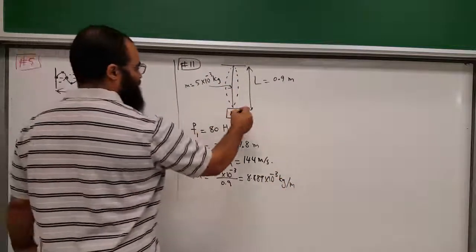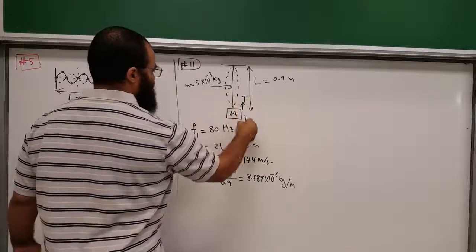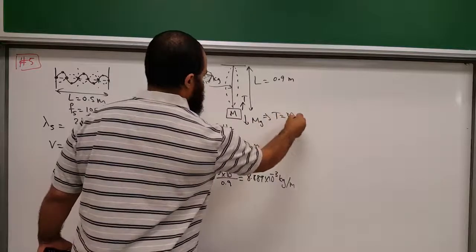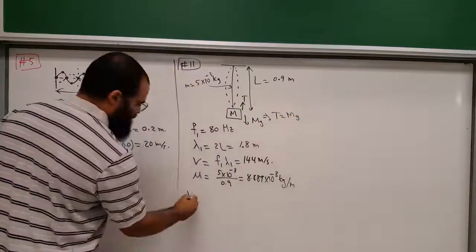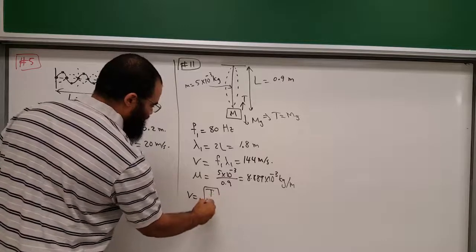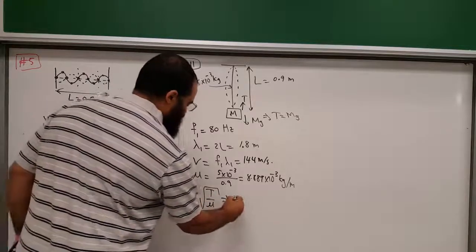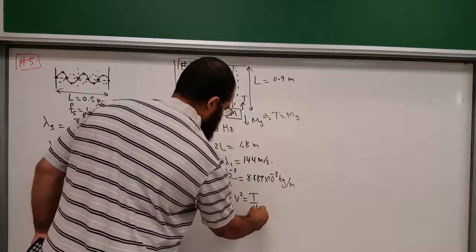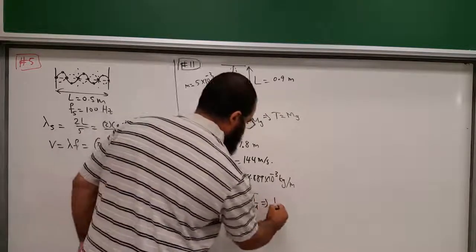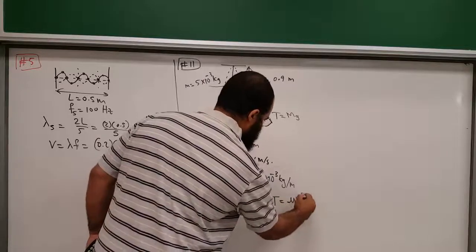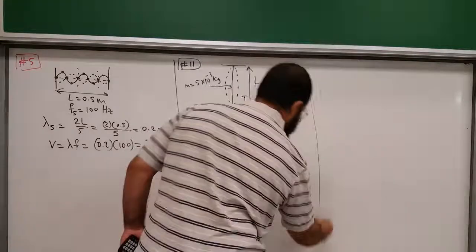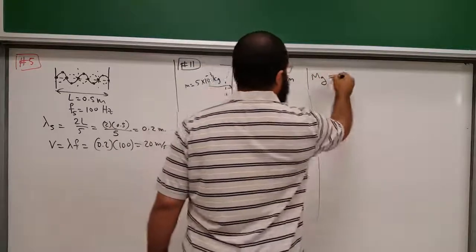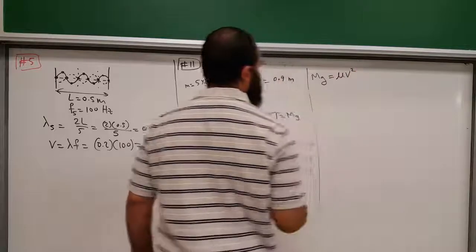And I know here there is tension upward and capital Mg downward, and so the tension will be capital M times g. And I know that the speed of waves will be the square root of the tension divided by mu, so v squared will be tension over mu, and therefore the tension will be mu times v squared. But the tension is capital M times g, and that's equal to mu times v squared.